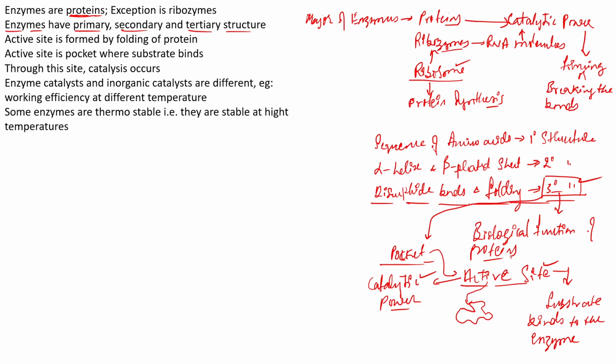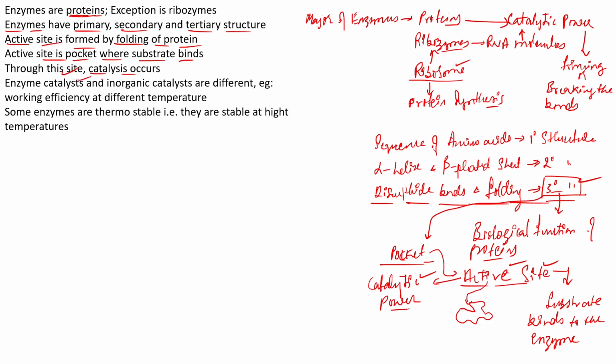Only the active site is having this power. So here we have mentioned that the active site is formed by the folding of proteins, and the active site is actually a pocket or a crevice, where the substrate actually binds. So through this particular site, you can see that the catalysis actually occurs.